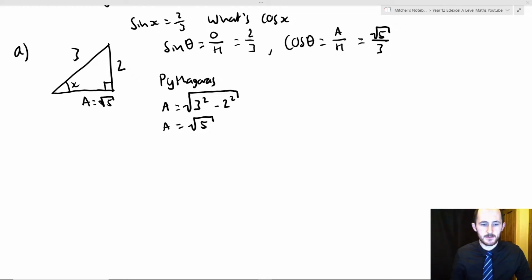Does that make sense? Perfect. It's a really confusing new skill, right? But this is what I mean by there's some new stuff in the cosine rule and sine rule when it comes to this. It is quite tricky.